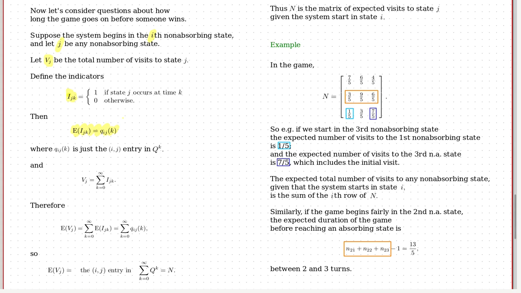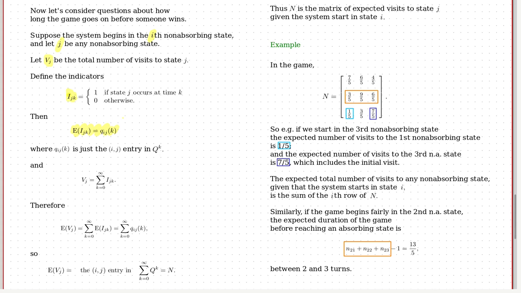So the expected value of I sub jk is the same thing as the probability that the system is in state j at time k. Well, we're talking about non-absorbing states here. I and j are both non-absorbing states. So basically that's the same thing as asking what's the probability that if you start in non-absorbing state I, that you'll end up in non-absorbing state j, k steps in the future.